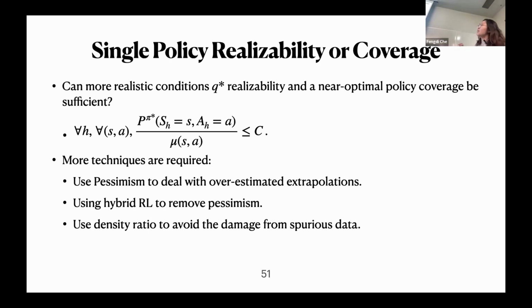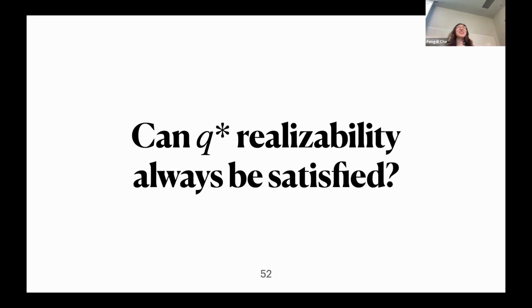And the third thing people are doing is, we don't want spurious data. Then we can directly try to model density ratio, because density ratio will give all bad data 0 weighting.